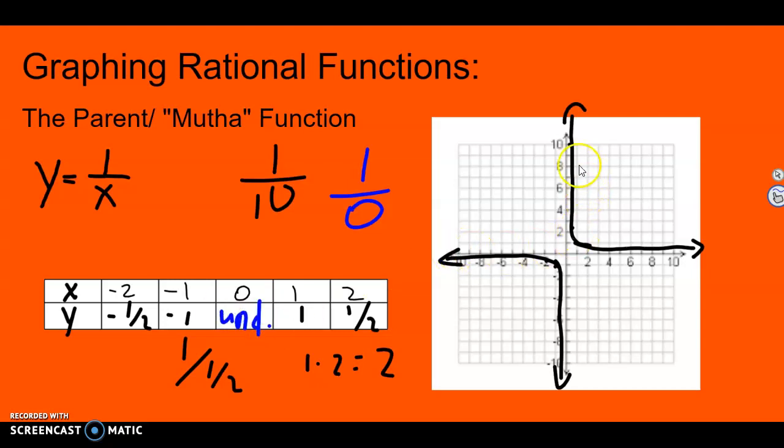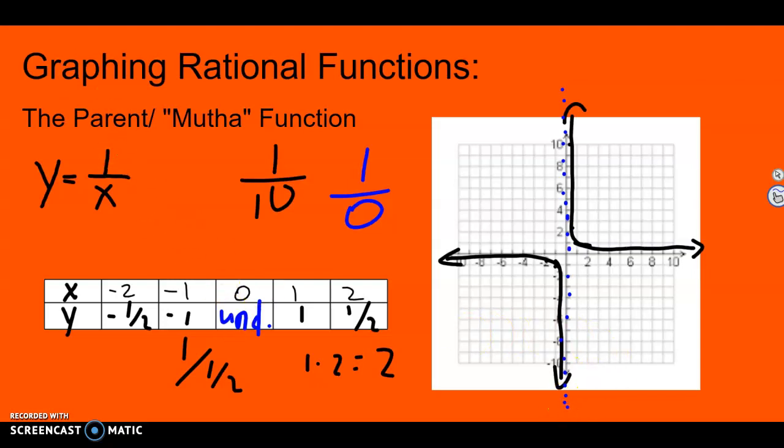And when you look at it on the graph, we said we approach the y-axis, but we never actually touch it. That point is undefined. How you graph an undefined value on an actual grid is with this brand new word that we're going to define in a second that we call an asymptote. An asymptote represents a vertical line that you will never ever touch.